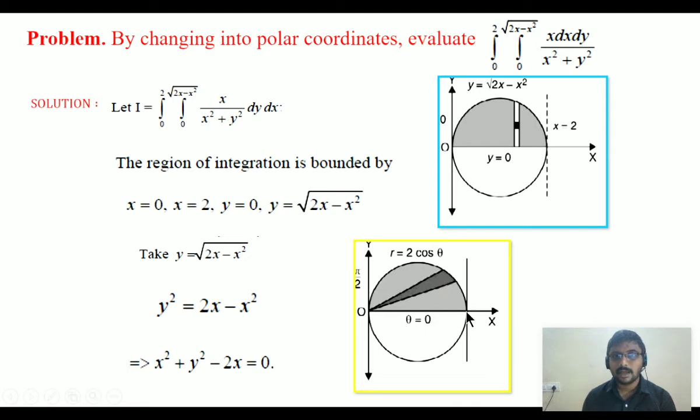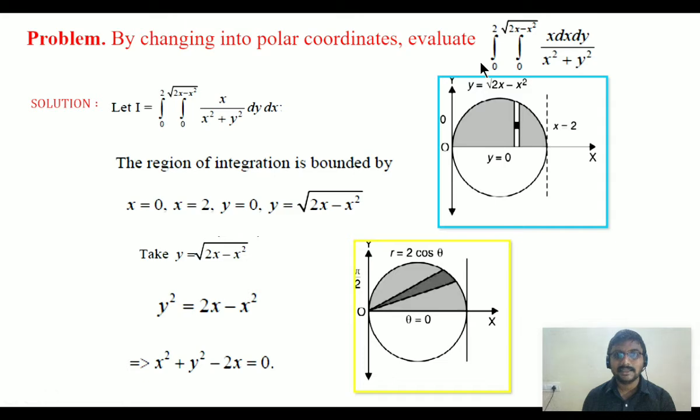And for the upper half of the circle, clearly theta is rotated from theta equal to 0 to theta equal to pi by 2. So theta varies from 0 to pi by 2 and r varies from 0 to 2 cos theta. Using these limits, we can evaluate the given double integral easily.